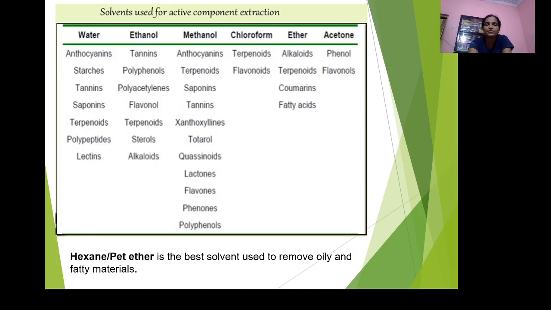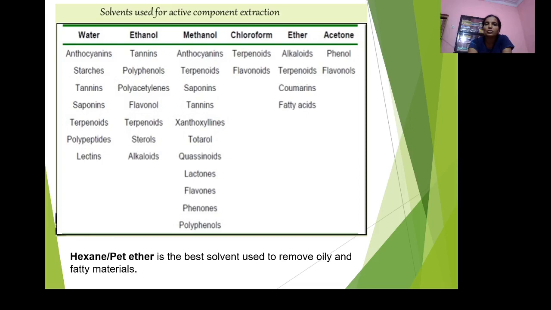And by using ethanol, active components like tannins, polyphenols, polyacetylenes, flavonols, terpenoids, steroids, alkaloids are extracted. Next, by using methanol, anthocyanins, terpenoids, saponins, tannins, xanthoxylines, totarol, quassinoids, lactones, flavones, phenones, polyphenols are extracted.